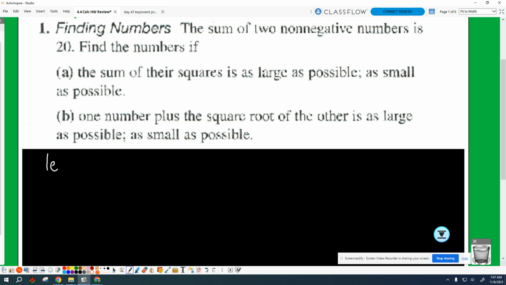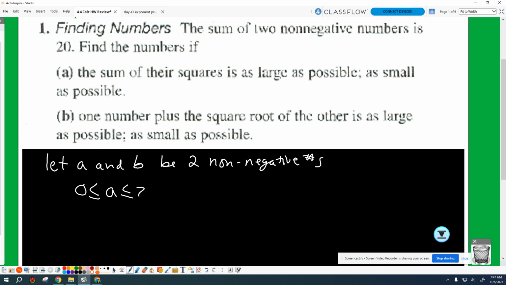A and B are two non-negative numbers. Right away I know some constraints.